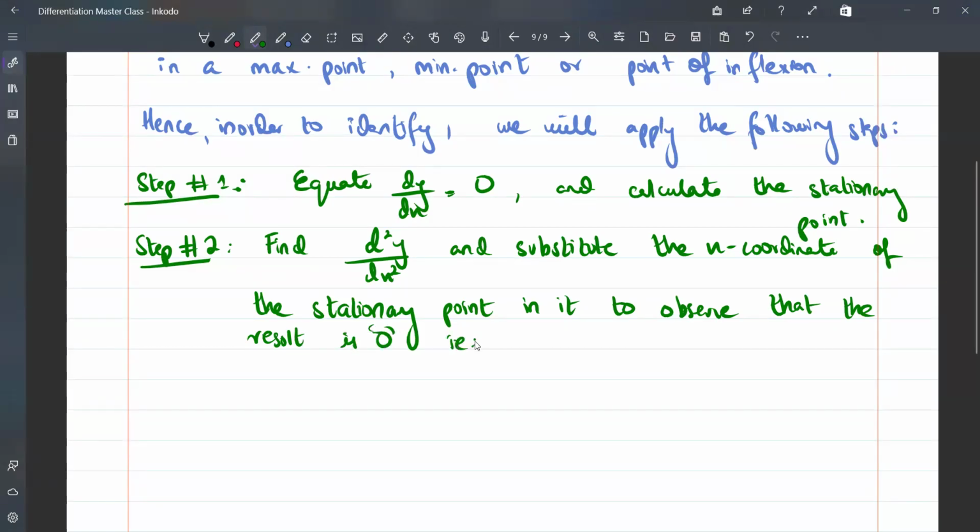That is, d square y upon dx square is equal to 0. All right.